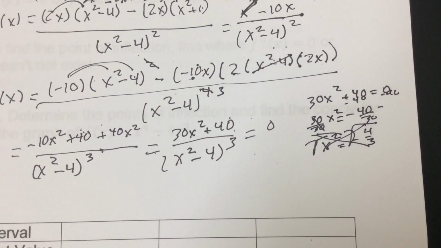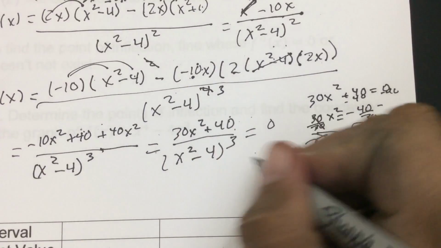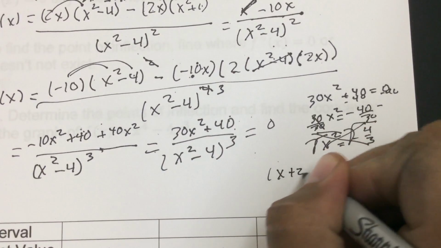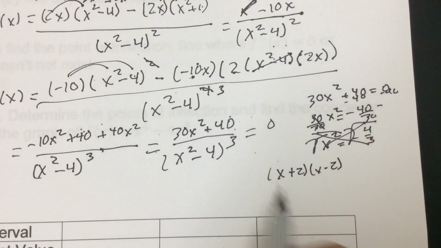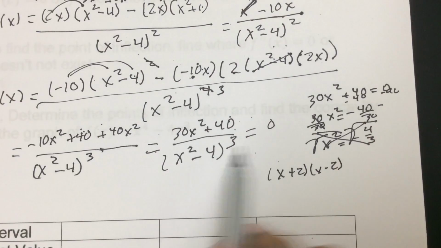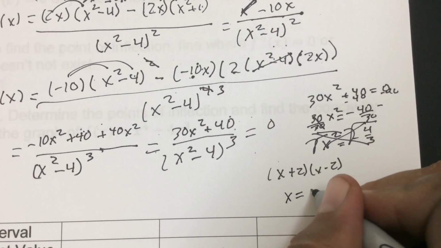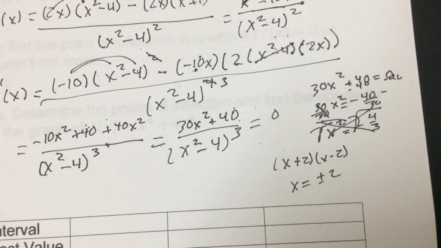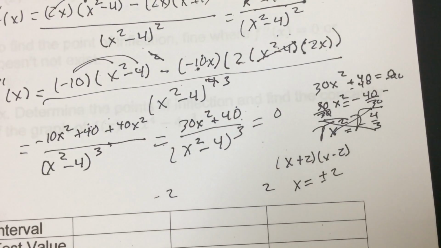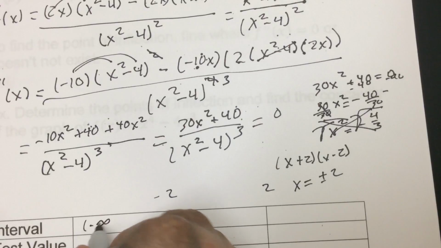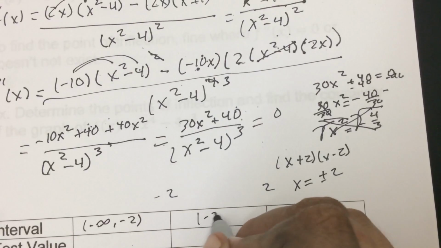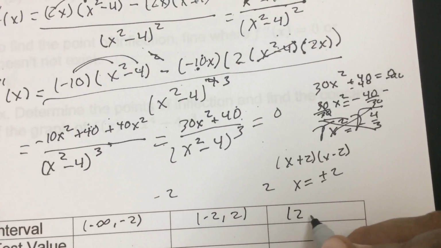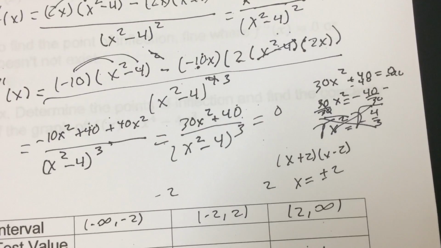That's why we didn't worry about it. Knew there was a reason. So the bottom here, I think it's a difference of squares, x plus 2, x minus 2, even though there's 3 sets of those, which means we'd have discontinuity at plus or minus 2. So that's where we're going to have our possible points of inflection. So negative 2 and 2. So the intervals go from negative infinity to negative 2, negative 2 to 2, and 2 to infinity.